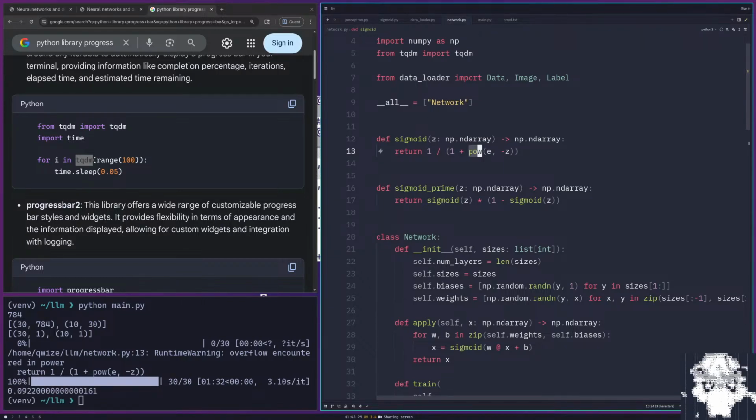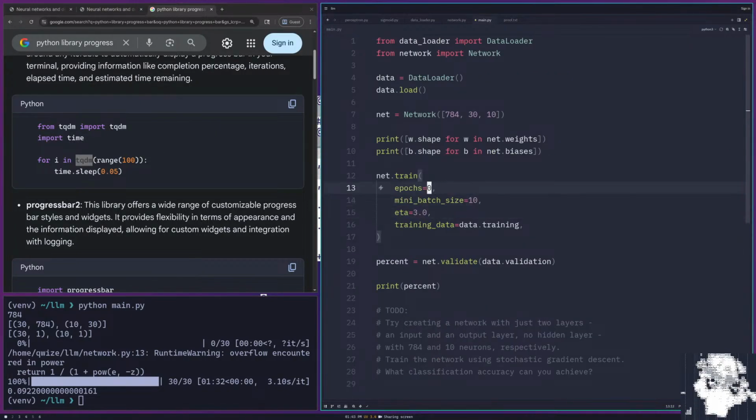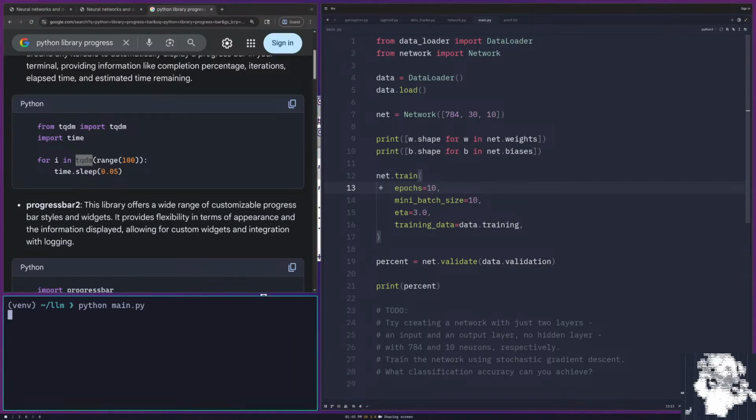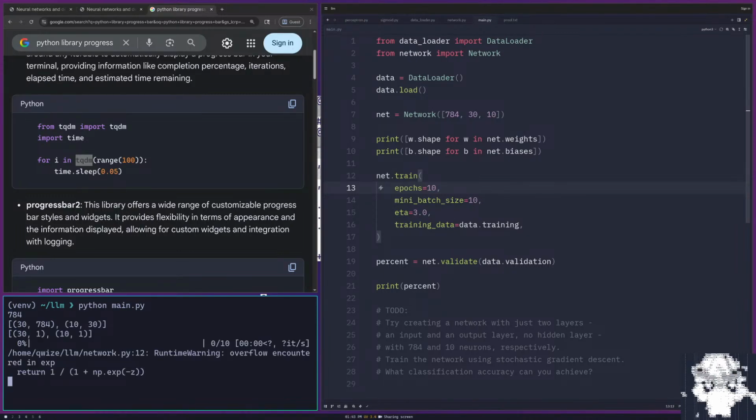Yeah, we didn't learn anything. So let's do np.exp, just to make it faster, 10 epochs. I would also like to implement the thing that shows me the learning as we go.